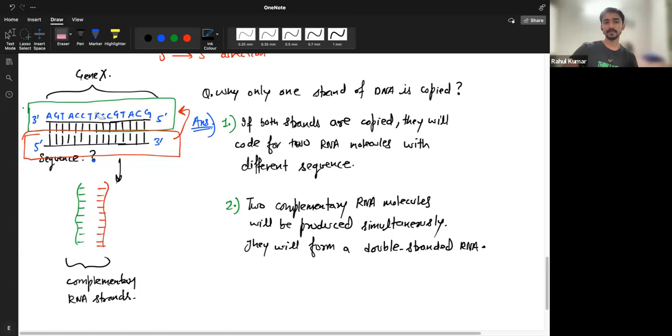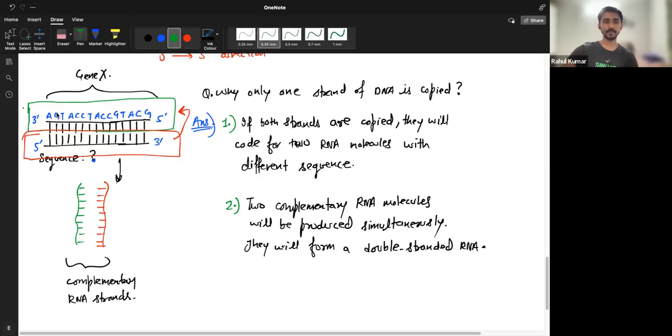Okay. So in RNA, there is no concept of thymine. It's always uracil. So even here, when the transcription machinery reads A, it cannot add a T in the RNA. It can only add a U in the RNA. Okay. Does it make sense?